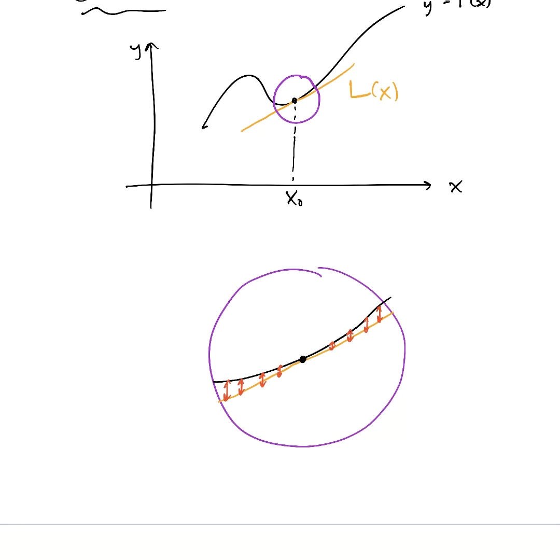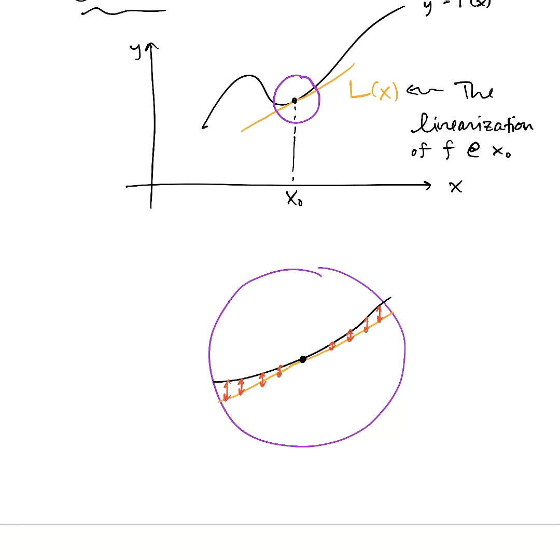And therefore, you can use that orange tangent line to approximate the values of your function near the point where you built the tangent line. This is called linear approximation, and this orange tangent line is sometimes called the linearization of f at x naught.